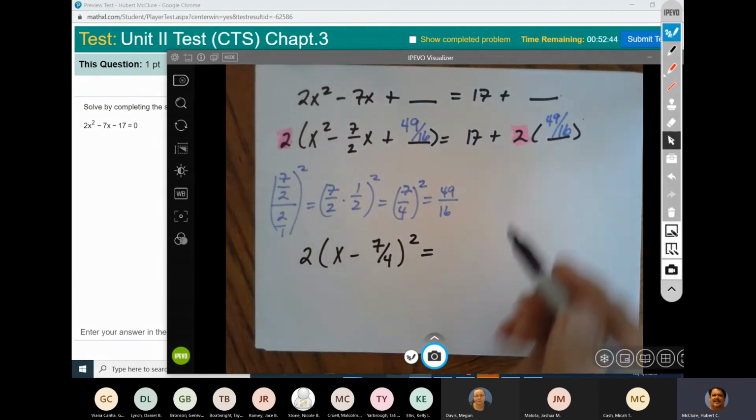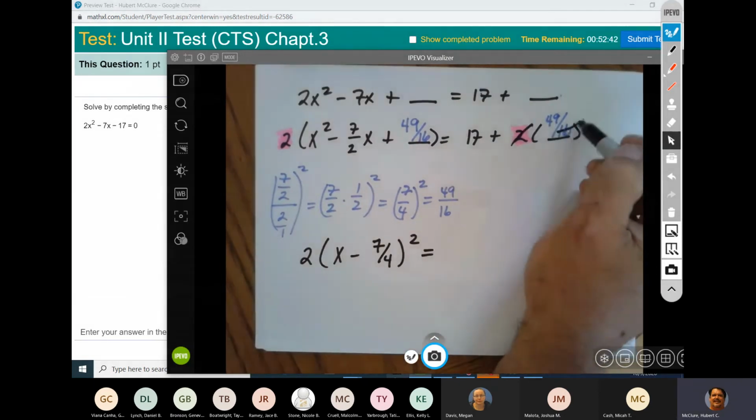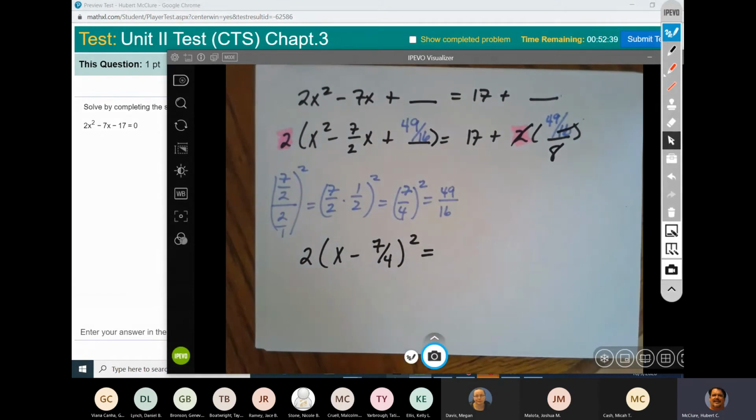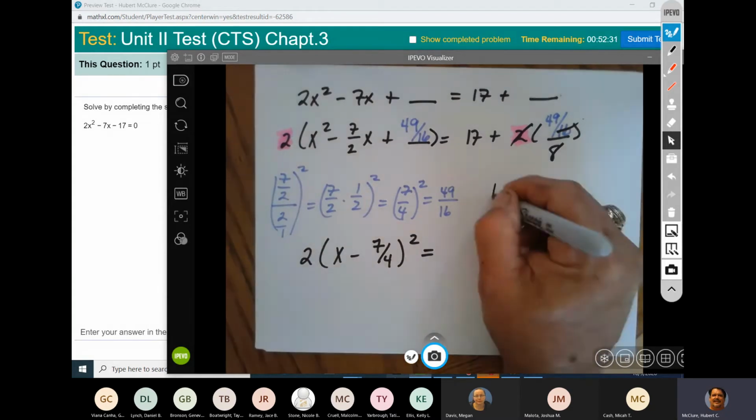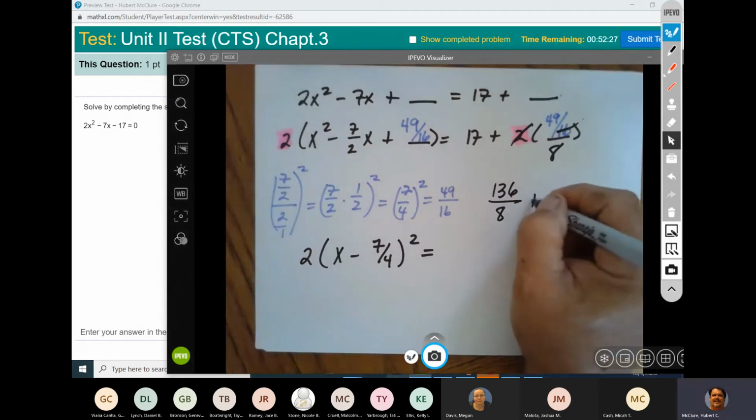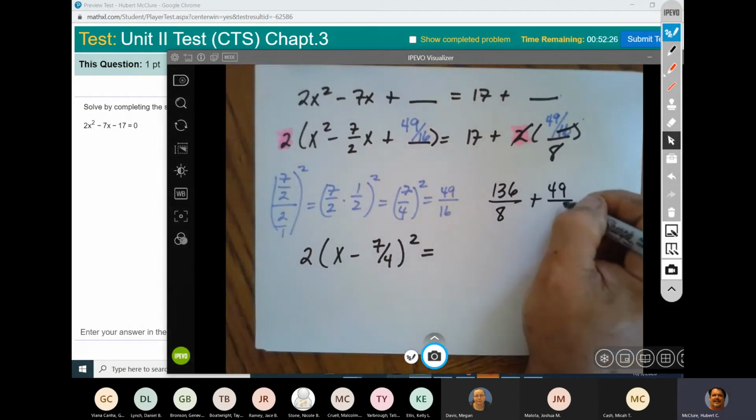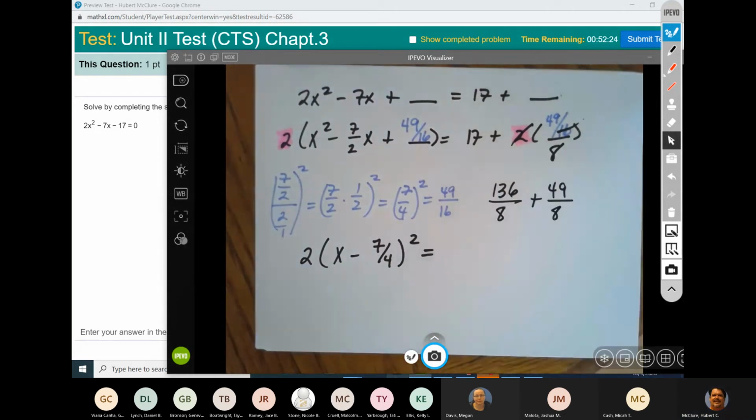And that 2 is going to take that out to an 8. And 8 times 7 is 56 with a 5. Would that be 136? Somebody help me out there. What's 17 times 8?